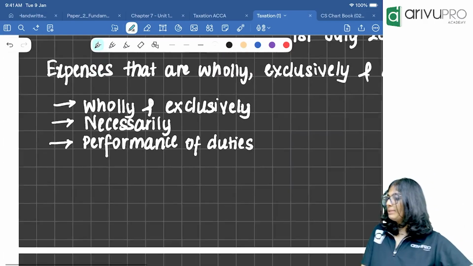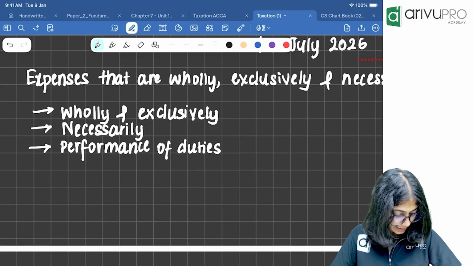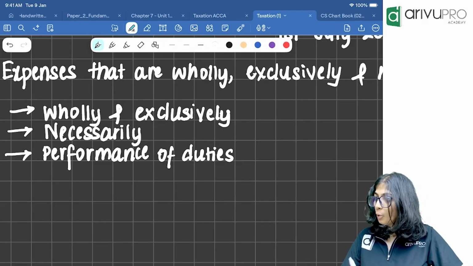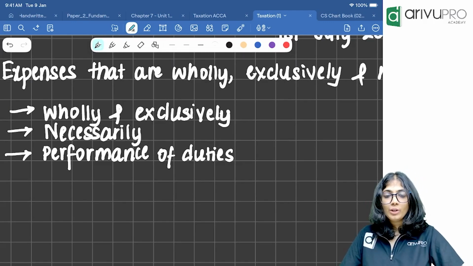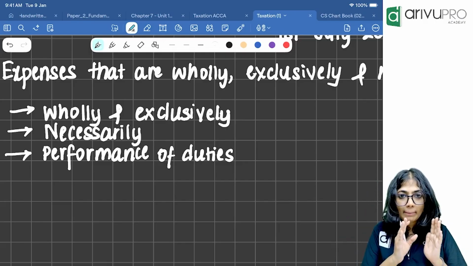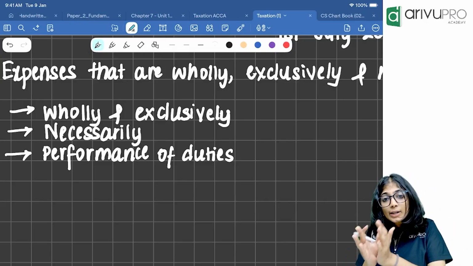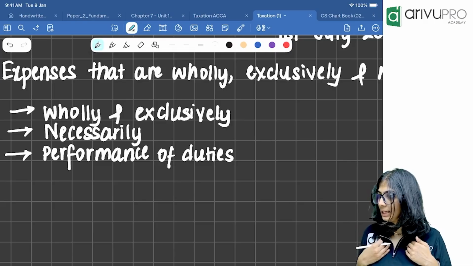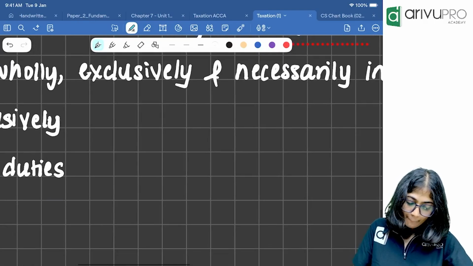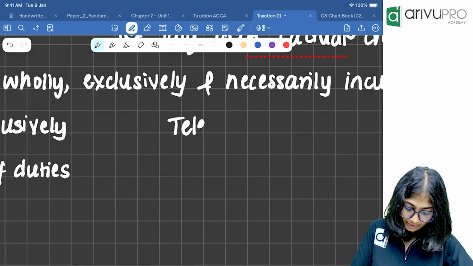Now, let's explain this with a simple example. What is wholly and exclusively? In order to make a particular expense wholly and exclusively, what you need to look at is, is this entire expense related to the business, related to the employment, or is some part of it used for myself? For example, the company provides telephone expenses.